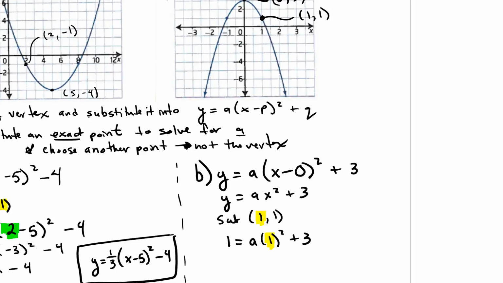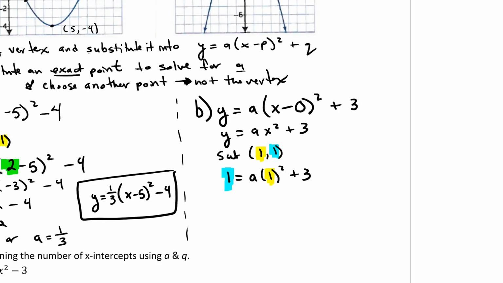That's my x value. This is my y value. And now I'm just going to solve for a. So 1 equals 1 squared is just 1, a plus 3. I'm going to subtract 3 from both sides. I'm going to get negative 2. So my a equals negative 2.